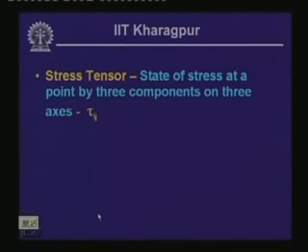Now, let us look into the state of stress at a point. As we have seen, the state of stress at a point is represented by those 9 stress components. Each stress state is represented by 3 stress components like sigma x, tau x y, tau x z, and likewise in other planes.